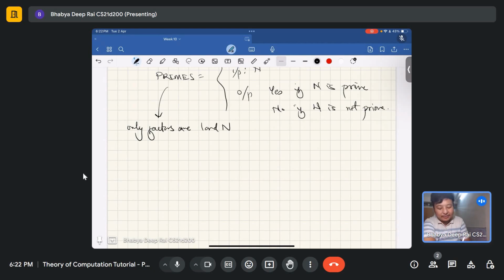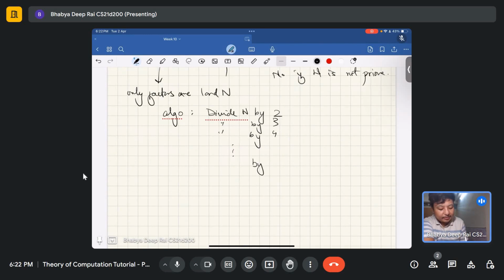Okay. So one possible algorithm is to divide n by 2, then by 3, by 4, and so on till n minus 1.